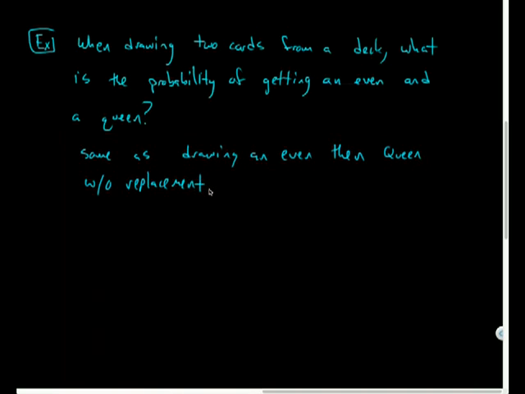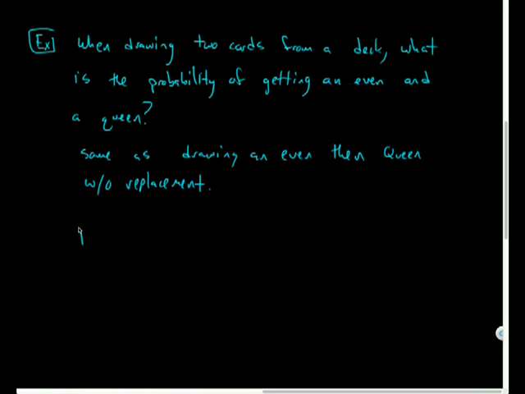So this is similar to the situation we saw earlier. I'm going to figure out, first of all, what's the probability of getting an even. And the reason this is true, that without replacement, it's not possible to draw 2 cards from the deck of 52 and then be holding the same card twice, right? They'd be 2 separate cards. That's like a physical impossibility. So that's why I could also think of it this way.